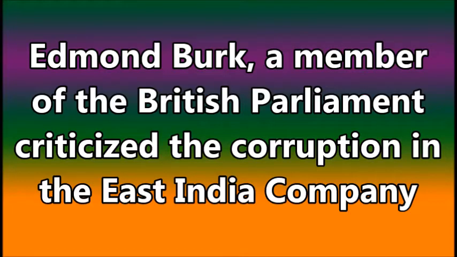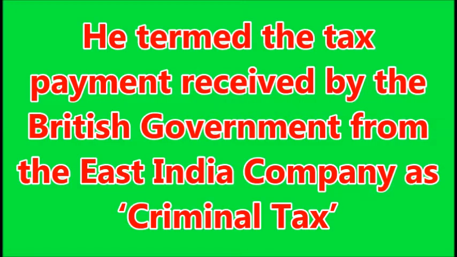Edmund Burke, a member of the British Parliament, criticized the corruption in the East India Company. He turned the tax payment received by the British government from the East India Company as criminal tax.